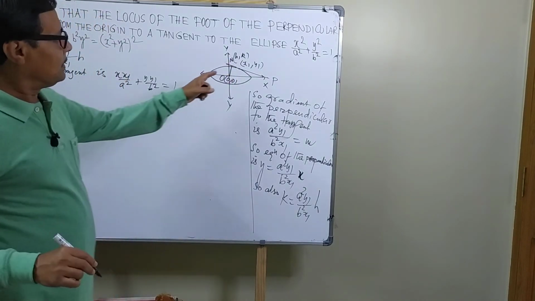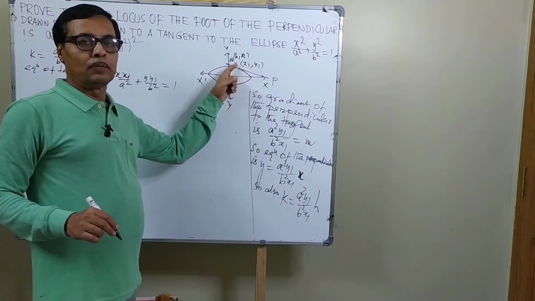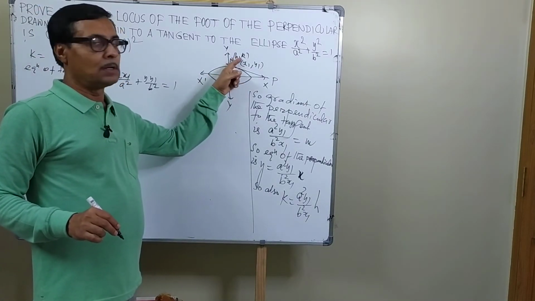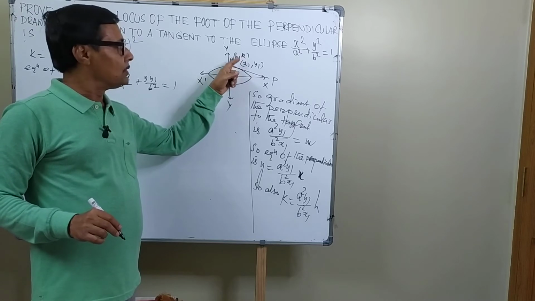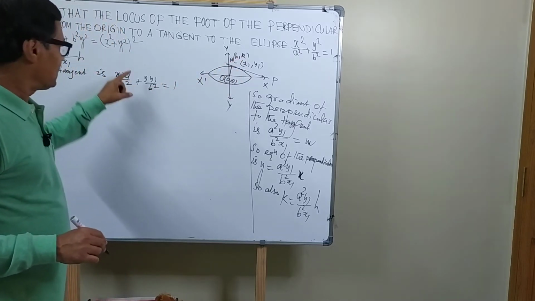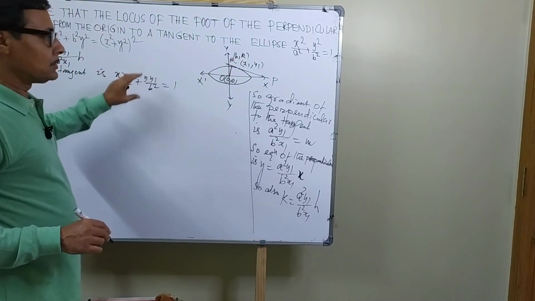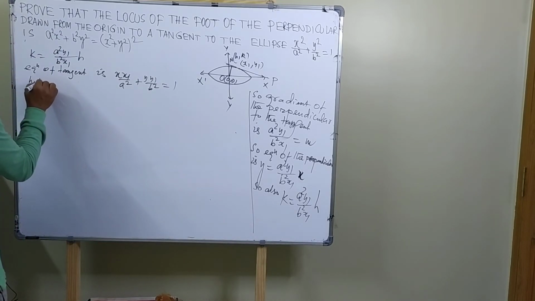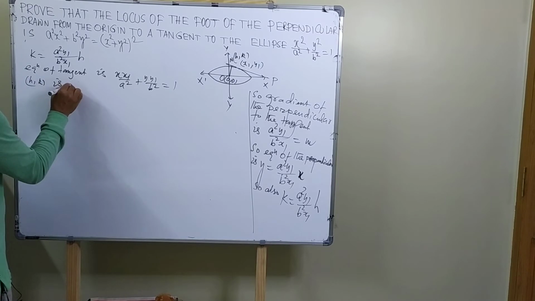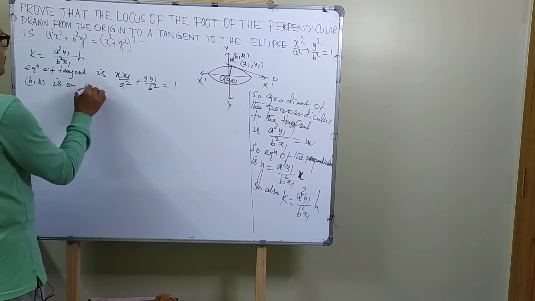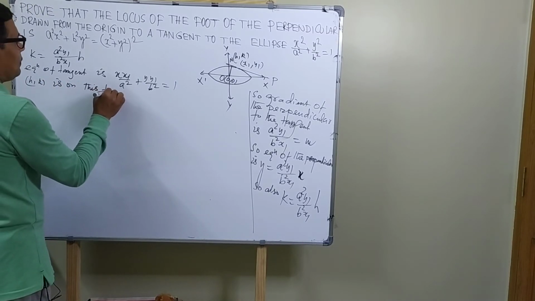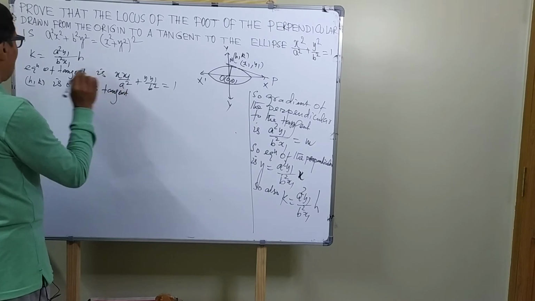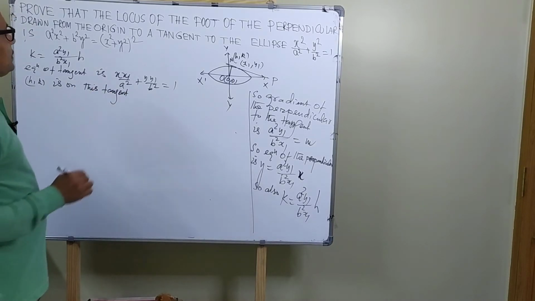The tangent is passing through the foot of the perpendicular whose coordinate is taken as (h, k). So (h, k) must satisfy the equation of tangent. So (h, k) is on this tangent.